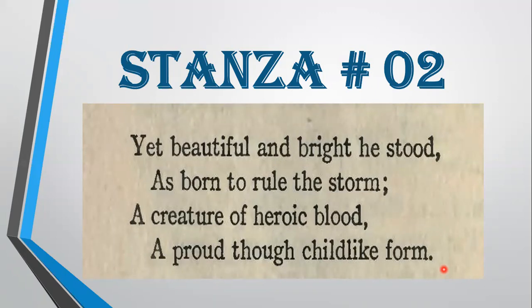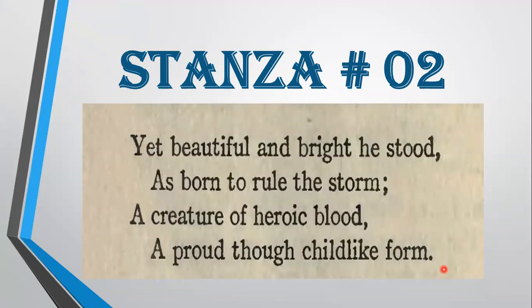Okay, now the writer is saying, yet beautiful and bright he stood, as born to rule the storm. The writer is telling us about the qualities, the adjectives of Casabianca.